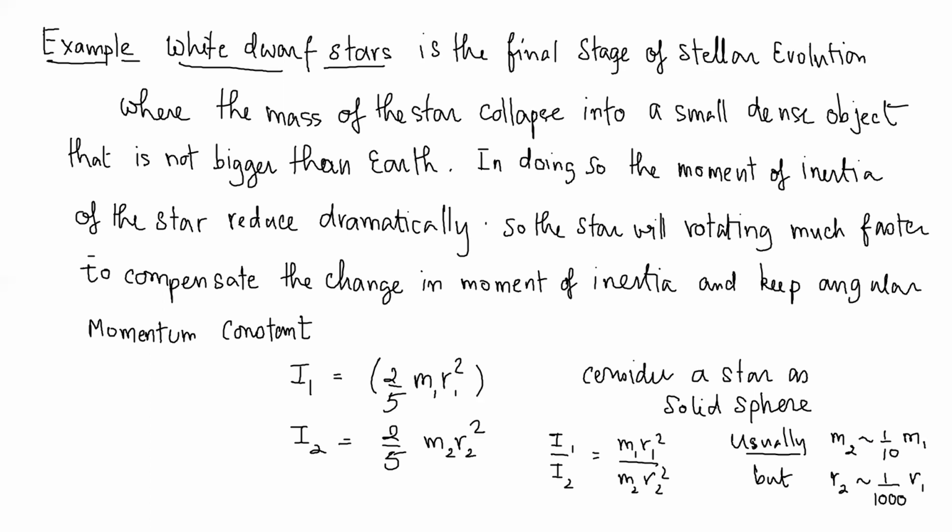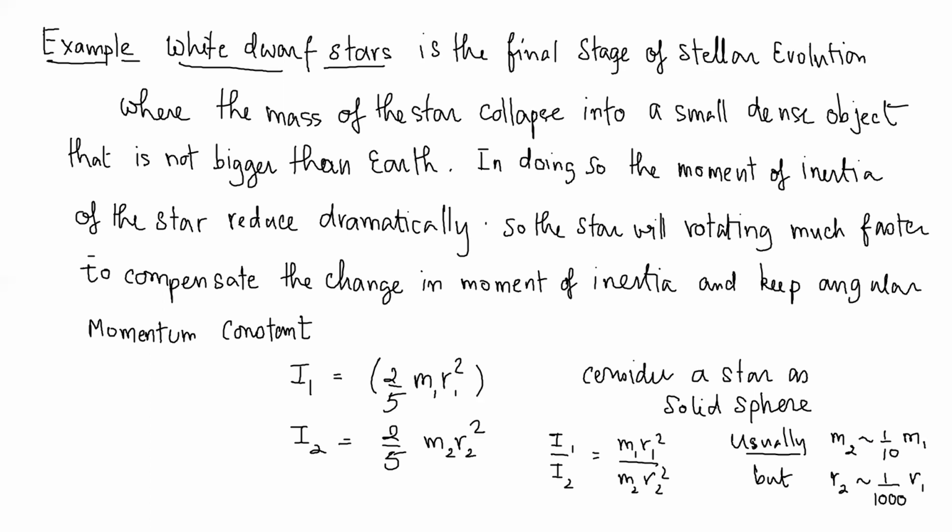But when it collapses, the radius of the star decreases dramatically. As a result, to conserve the angular momentum, we will see that it will speed up into a milliseconds rotation period.